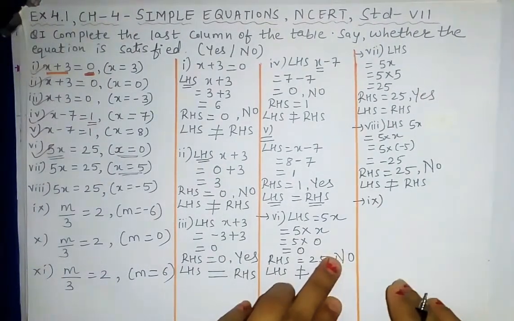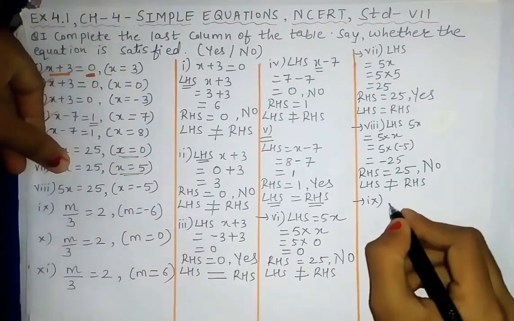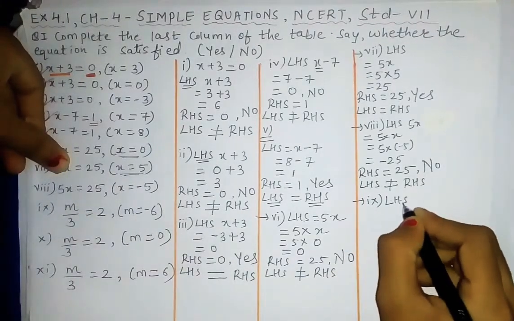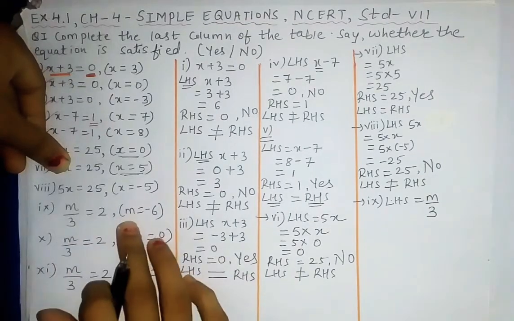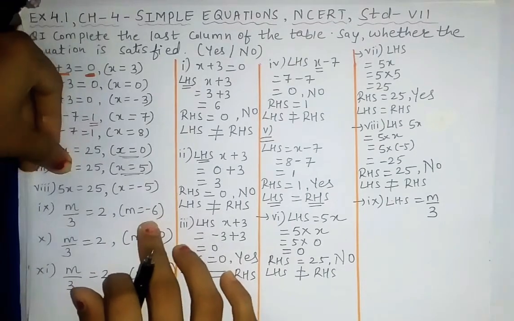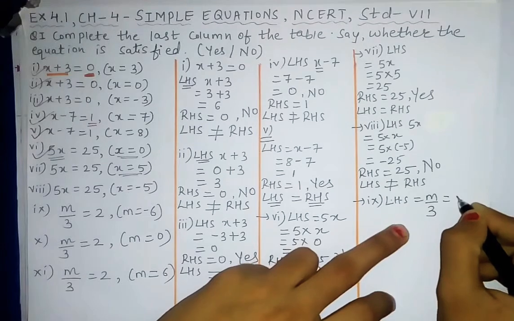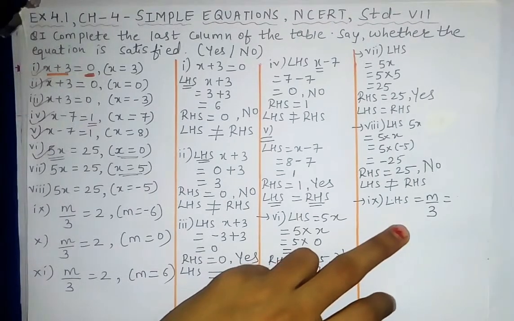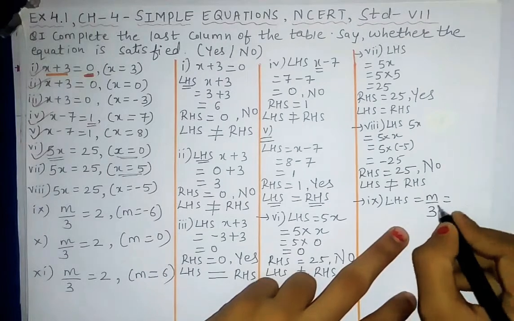Now moving ahead with ninth one. Now ninth one is a fraction m upon 3. So our LHS is m upon 3. Okay. Now in place of m we will keep minus 6. The value is given to us minus 6. So we will put the value of m.